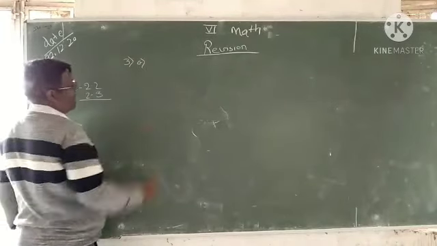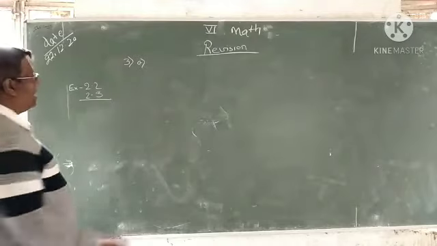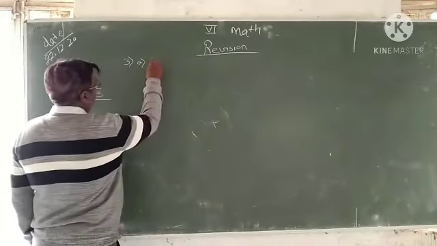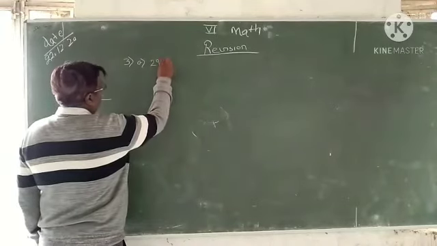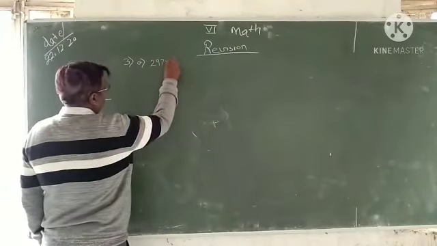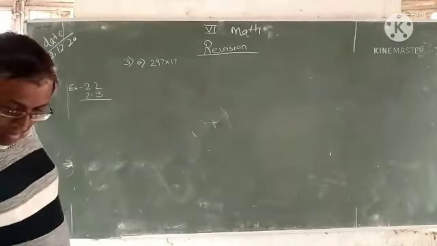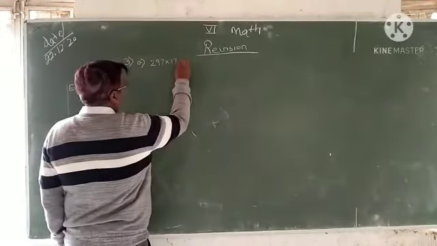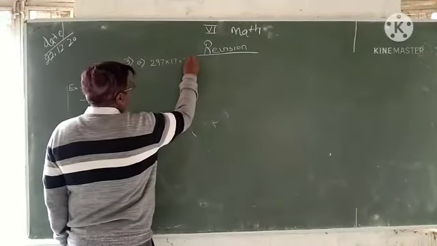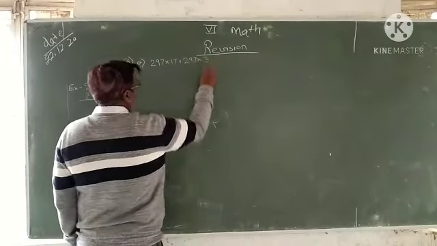A. The first one is 297 into 17 plus 297 into 3.